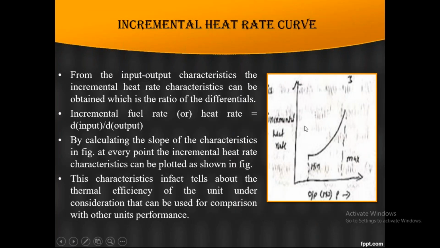Next, the incremental heat rate curve. This type of characteristic is used in the thermal power plant. Why? Because if you take a block diagram of this governing system, the generator is coupled with the turbine, and the turbine runs based on the steam flow.